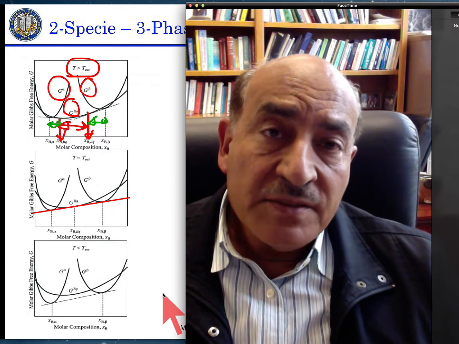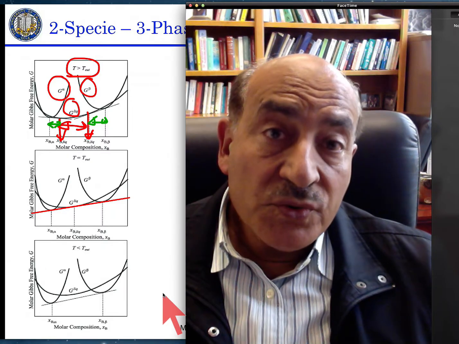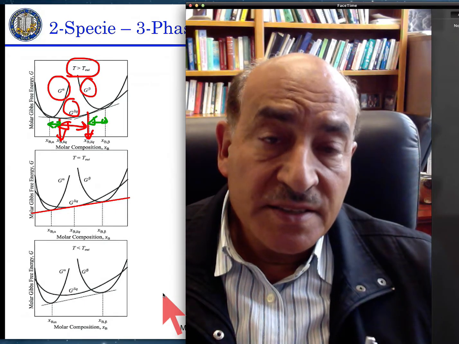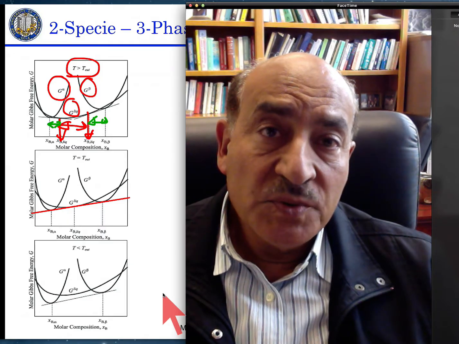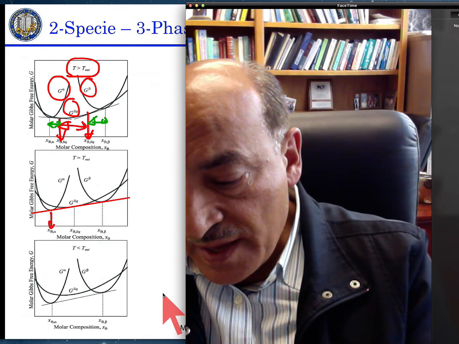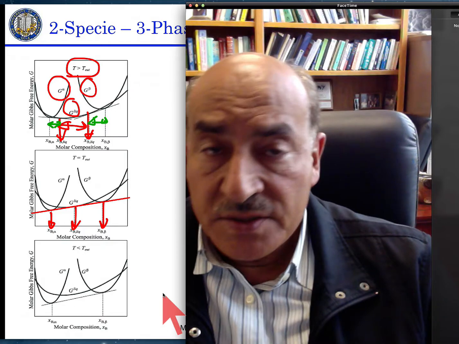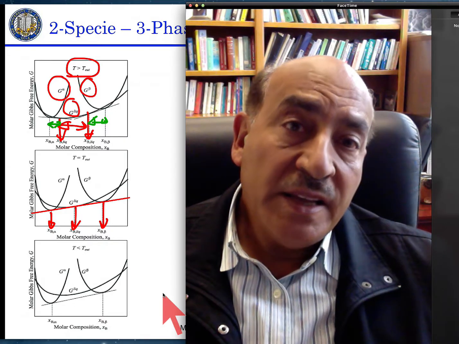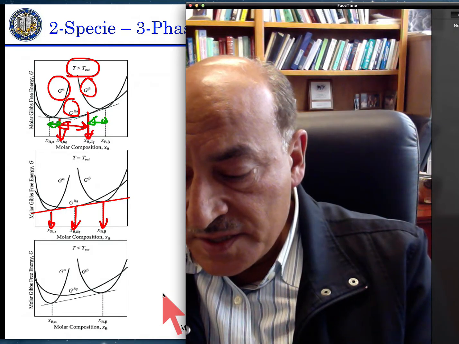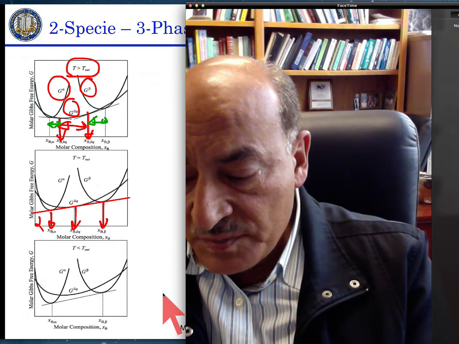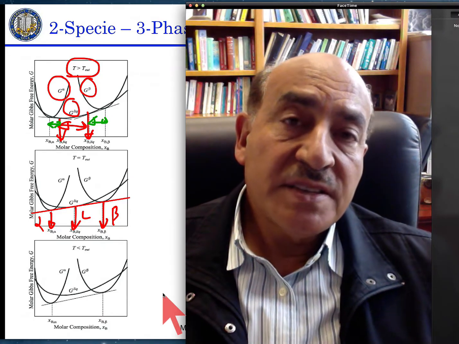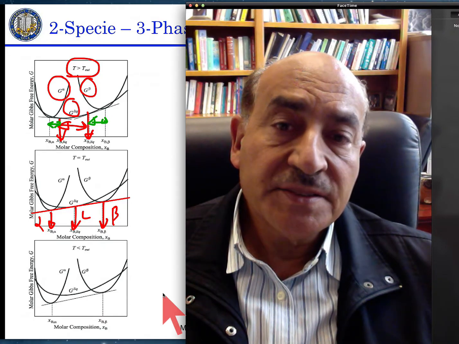Then I must have a situation in which the three phases are coexisting together. This is called the eutectic situation, and this is the lowest possible melting point that we will see on the phase diagram. So in this eutectic condition, I have three coexistent phases, and for each phase the concentration of element B is given here. This is in the alpha phase, this is in the liquid phase, this is in the beta phase. So I have three different concentrations, each one consistent with its corresponding phase.